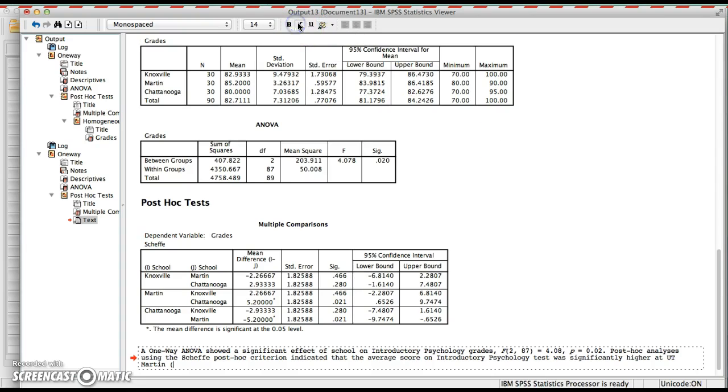So the mean for Martin is M, capital italicized M, of 85.20. Standard deviation equals 3.26.